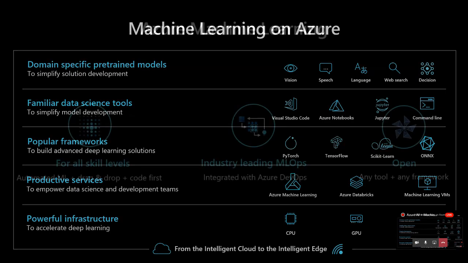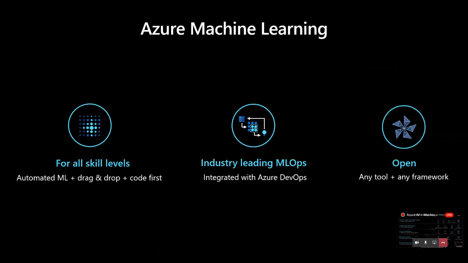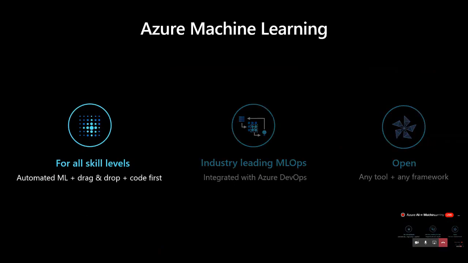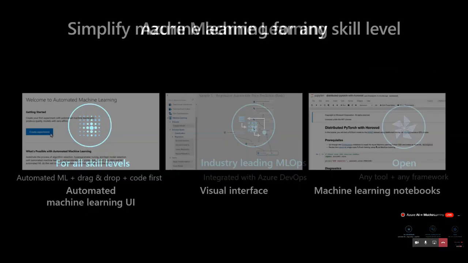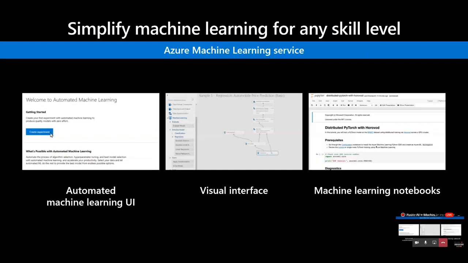So let's talk a little bit in detail about Azure Machine Learning. I'm not sure how many of you worked with Machine Learning Studio earlier, or the Machine Learning Workbench services, which are kind of old. But now Microsoft Azure has a machine learning service, and it has basically 3 features in it, right?